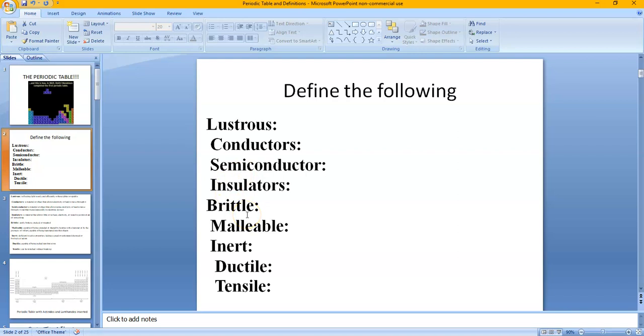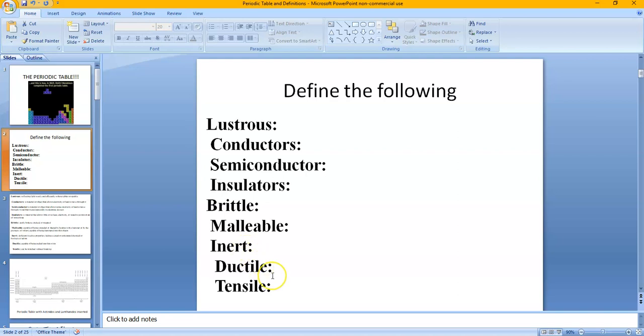Brittle means that it's easily broken. It can be strong, but brittle just means that it will break easily. Malleable means that you can shape it or mold it. And then inert means that it's non-reactive. It won't react with anything.